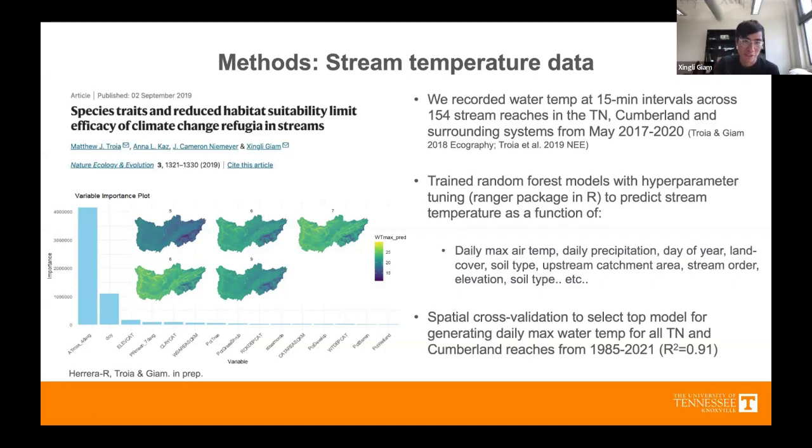So it's higher elevation, and you can see that it's darker, showing that it's cooler, right? And you can see based on the variable importance plot that air temperature is the best predictor, has the greatest effect on water temperature.